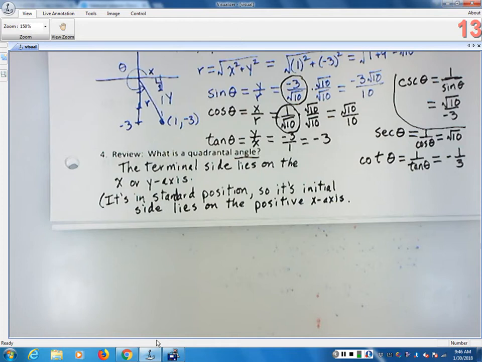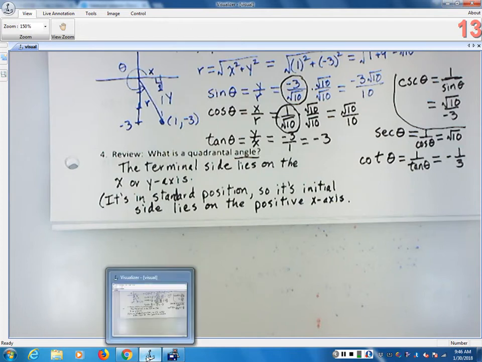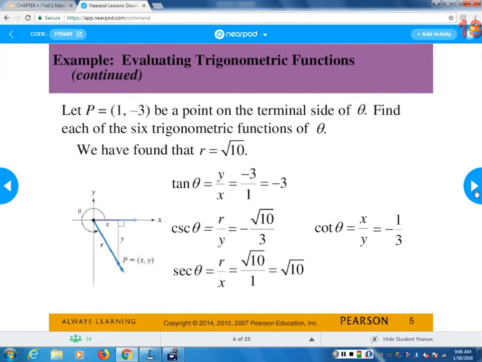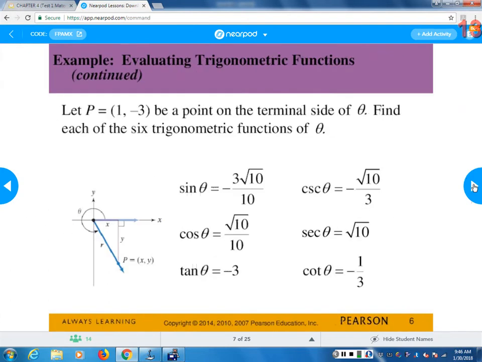Are people still copying this? Okay, so we went through all these slides, but now I just do cotangent and 1 over tangent. I don't have to mess with all that. So we found all those.